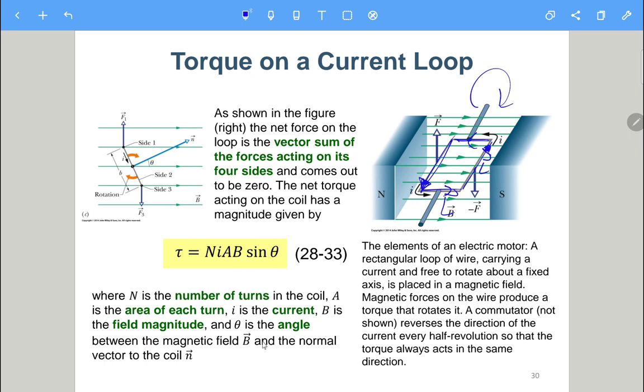Theta is the angle between the magnetic field, the B field, and the normal vector of the coil. Normal vector is the vector perpendicular. This is the normal vector. The normal vector is the one perpendicular to this plane.